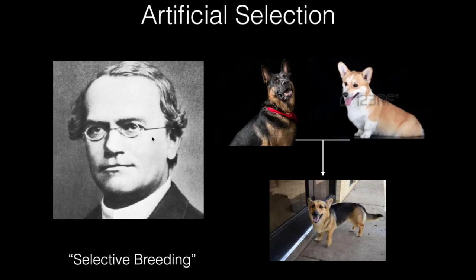Gregor Mendel, he actually was famous for crossing pea plants. And when he did that, he actually got a generation, the F1 generation, consisting of traits that he sought after. In the same way, if you have dogs and you mate those two dogs, this is a German Shepherd and this is a Corgi, you get a mix.